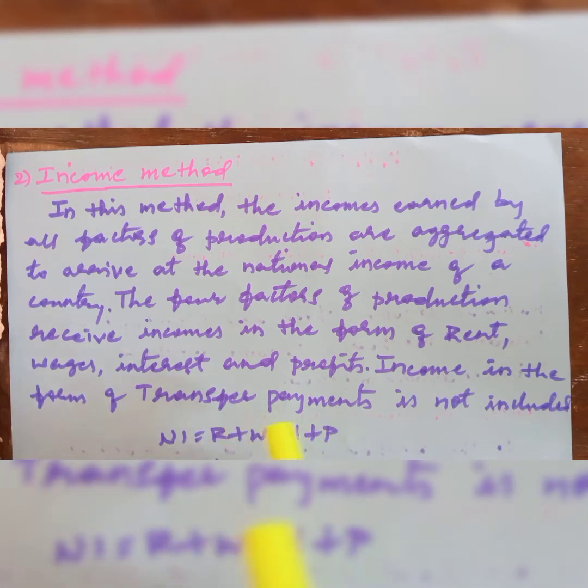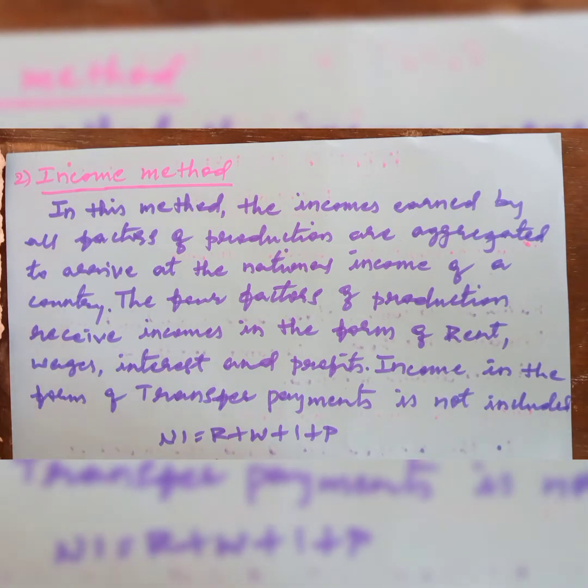The government is transferring money to the people for welfare. So that's why transfer payments are not related to personal income. Transfer payments are not included in calculating national income.